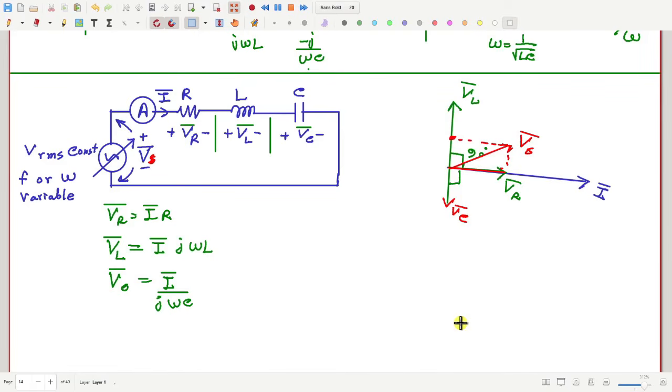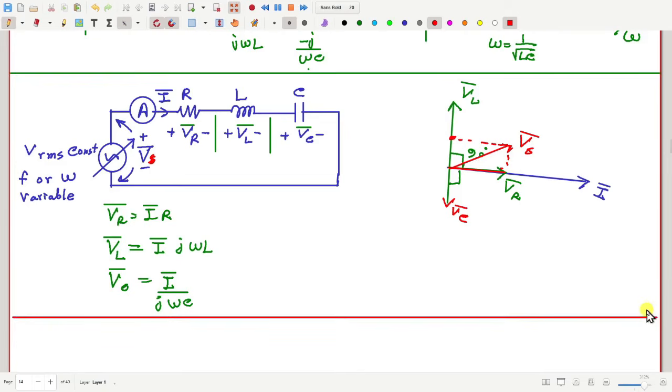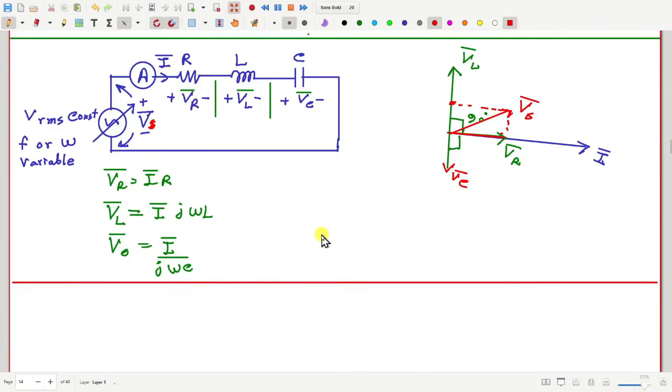And if it is valid, why? Can anyone tell? Sir, because the relative position of I vector, VR vector, they are not changing. Yes, absolutely right. The relative position of each vector with respect to each other. So this is only showing the relative position with respect to each other, among the voltages and currents.